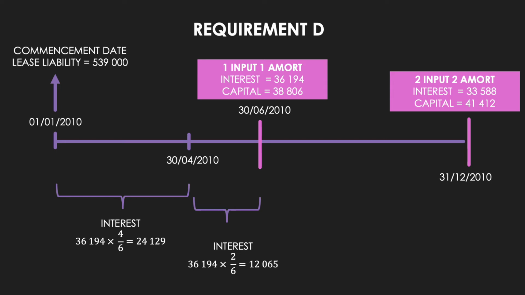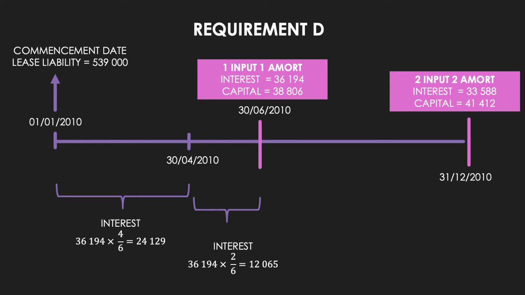We know the first payment is made on the 30th of June 2010, and the last payment is made on the 31st of December 2010 for the period that we need to look at and journalize. But then we know that we have a year end on the 30th of April 2010. So now we have an issue because on the 30th of April 2010, we need to show that finance costs were incurred by the lessee, but we haven't yet made a lease payment.